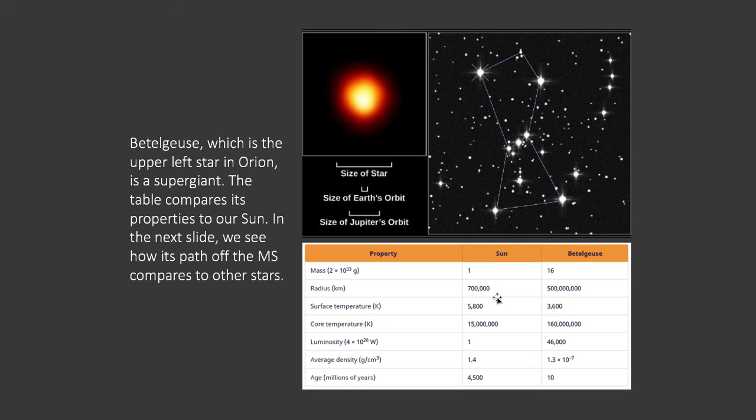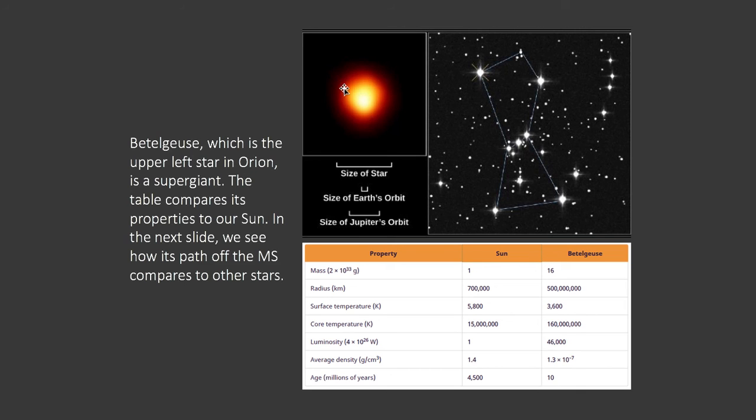But in terms of lifetime, the Sun, 4,500 million years, which would be about 4.5 billion. Betelgeuse, only 10 million years old. So it's a much more massive star, and that meant it went through its evolution a lot faster than the Sun did, or the Sun will.